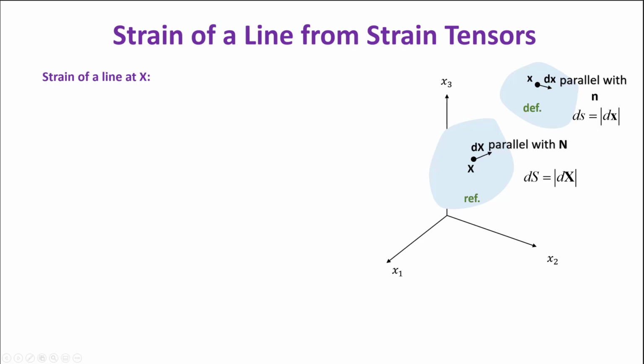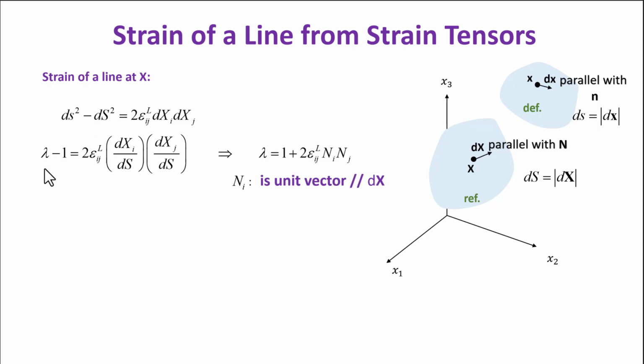With the Lagrangian and/or Eulerian strain tensors known, we are able to calculate the strain of any line segment in the body. By definition, the Lagrangian strain tensor is defined by this equation. Divide this equation by dS squared. The first term becomes the quadratic stretch of the line segment, and the second term becomes 1. The right-hand side becomes this form.